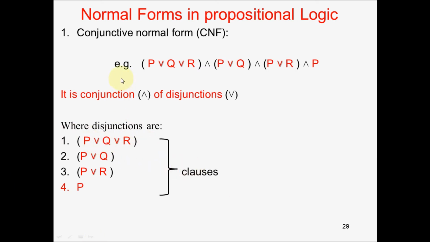Okay, so in AI, this conjunctive normal form we are also going to call the clausal form. Please remember the term. It is where different clauses are connected using AND.